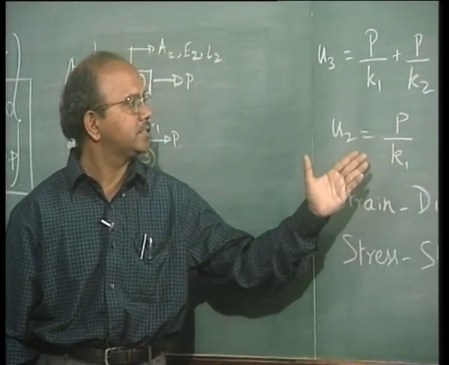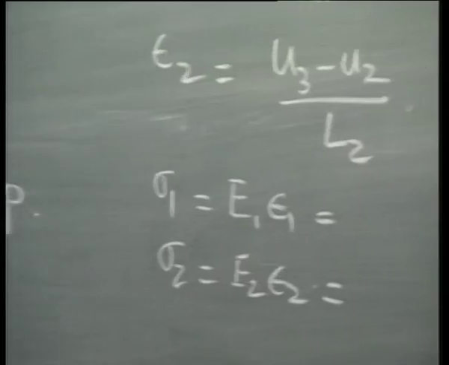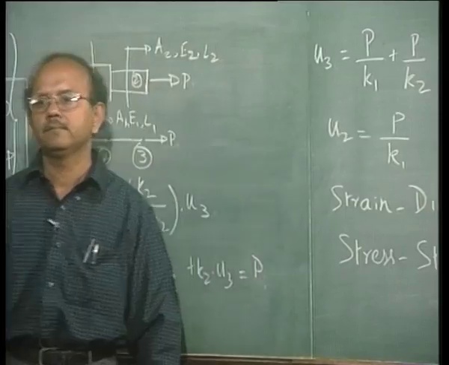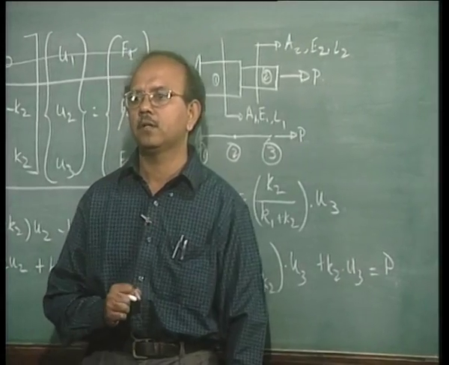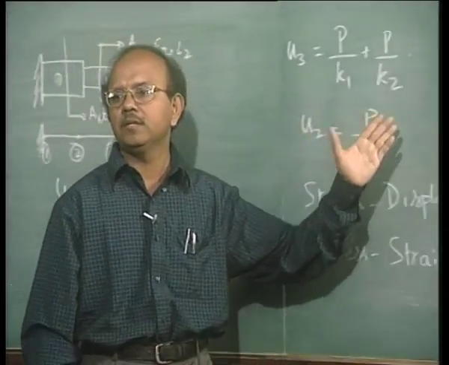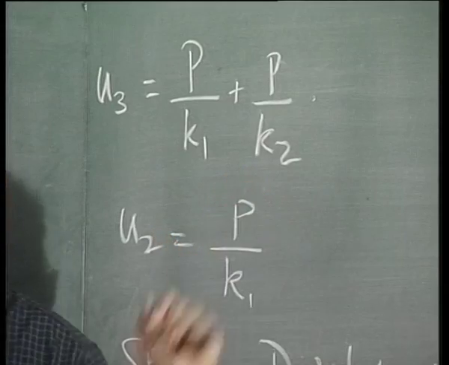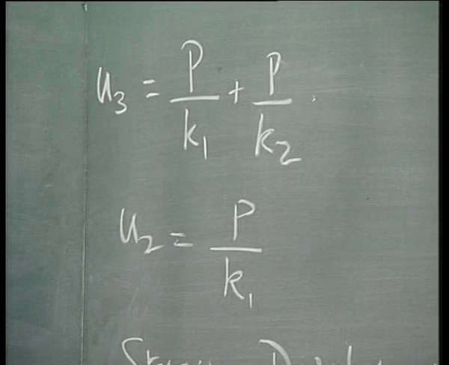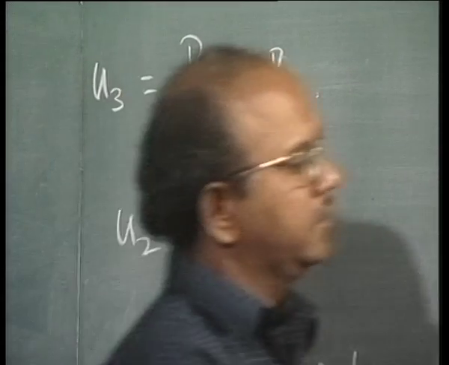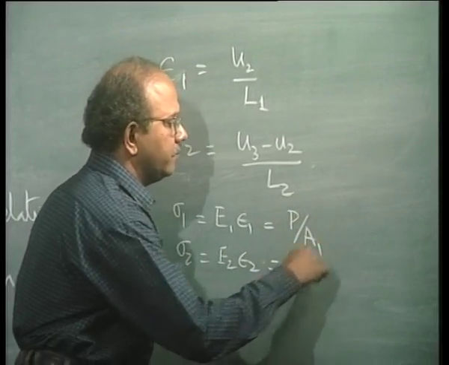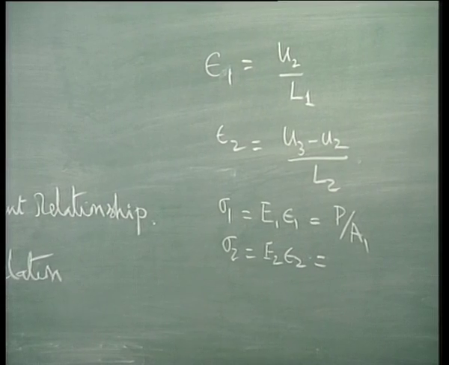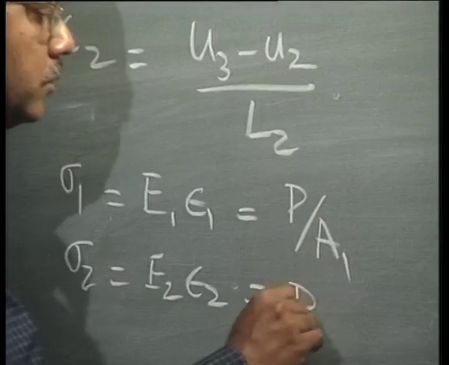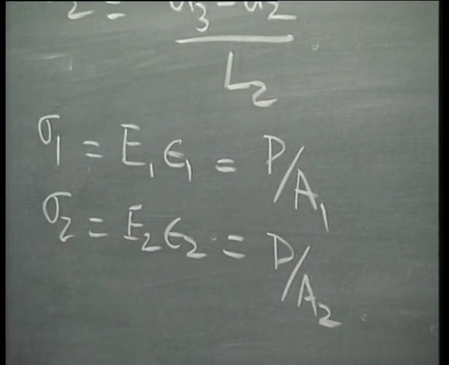Remember what k1 and k2 are. k1 is equal to A1 E1 by L1 and k2 is equal to A2 E2 by L2. By doing that, it is very easy to show that sigma 1 is equal to P by A1, and sigma 2 is equal to P by A2.